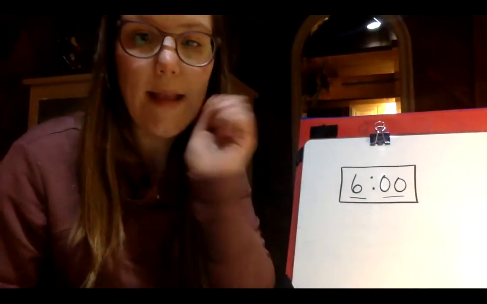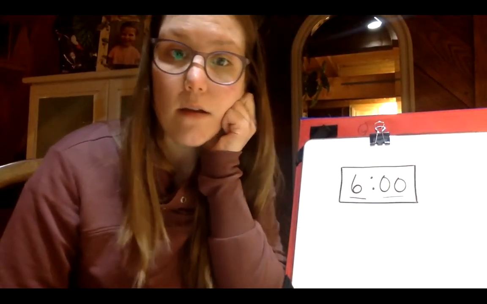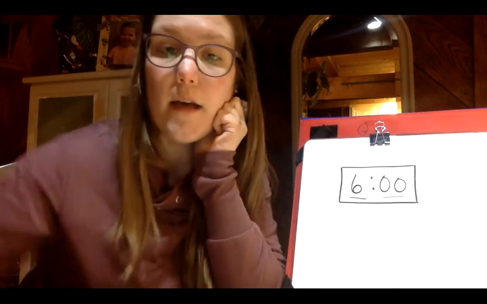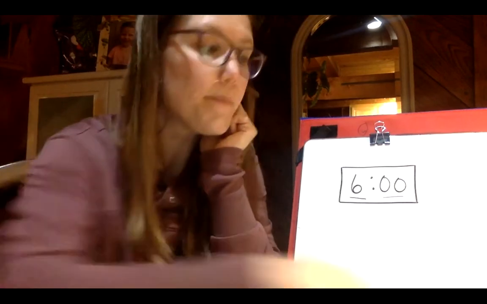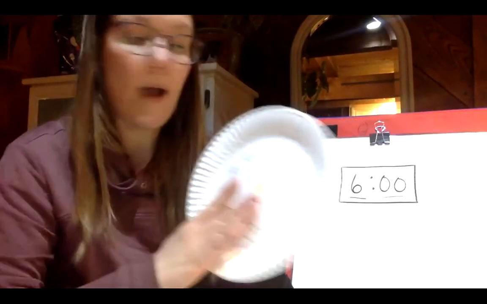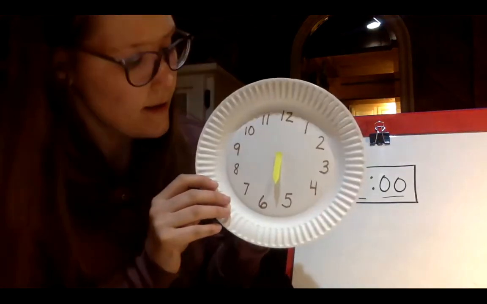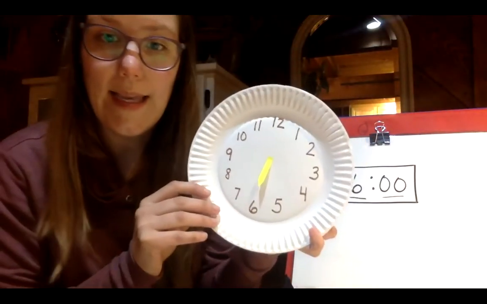There's also analog clocks, and analog clocks are what you saw in school. You might have an analog clock in your house on the wall. I actually don't have any analog clocks in my house, so I made a clock. And this is my analog clock.